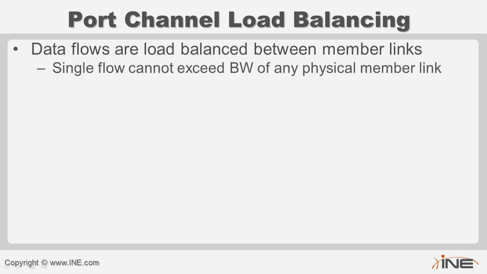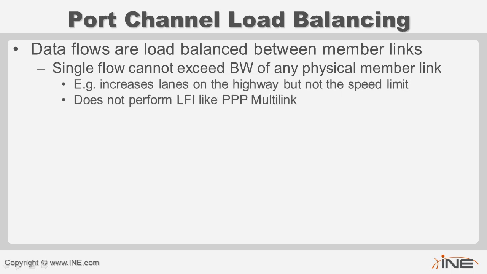The reason why is that if we were to take 4 physical links and channel them together into a 4 gig port channel link, it's technically not the same as doing something like link fragmentation and interleaving with PPP multilink. So in reality, it is not 1 link, it's 4 individual links that we would still need to do load balancing across.